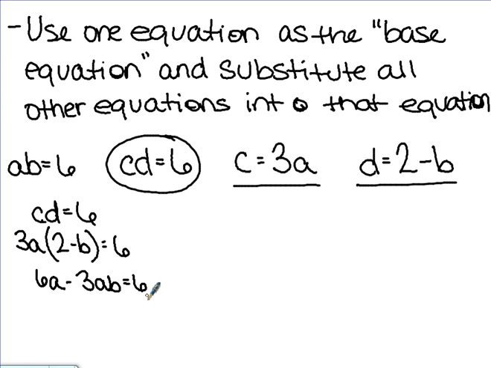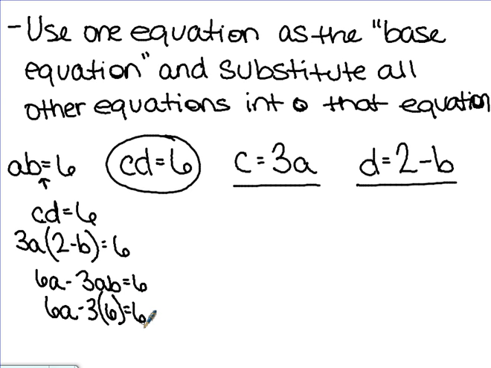Now notice we have an A and an AB. Well, if we look at our equation number 1, we know that AB is equal to 6. So I can substitute 6 in place of AB. So now I have the equation 6A minus 3 times 6 equals 6, because AB is equal to 6.